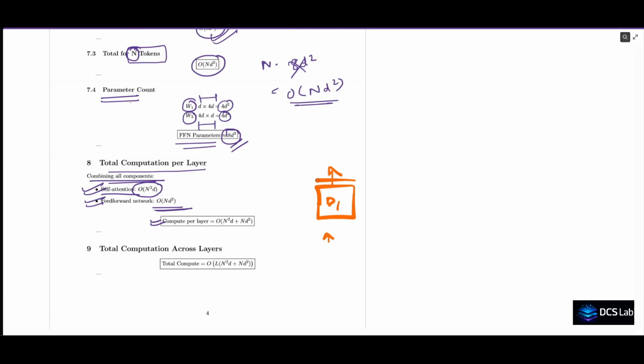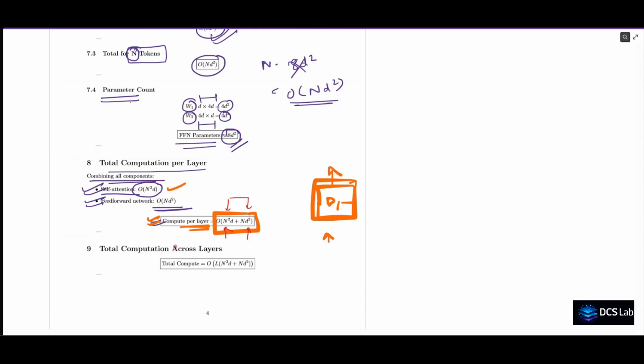What is the total computation cost incurred here? For the self-attention in one decoder unit, the cost is order n squared d. For the feed-forward neural network, the cost is order n d square. Total cost per layer is order n square d plus order n d square. Now there's a catch. Which of these is the dominating component? Because we have squares for n and also for d.